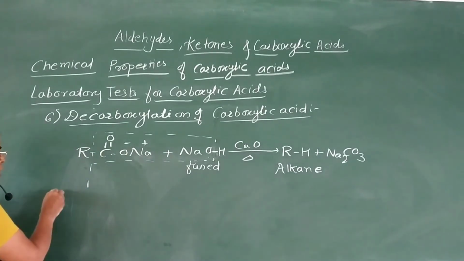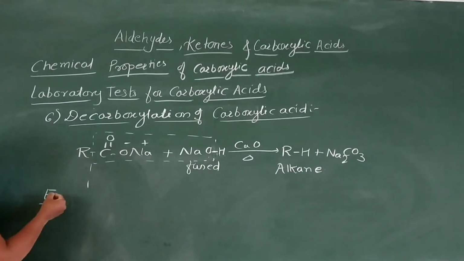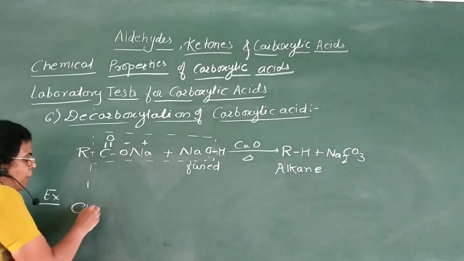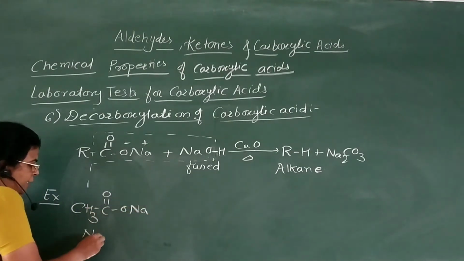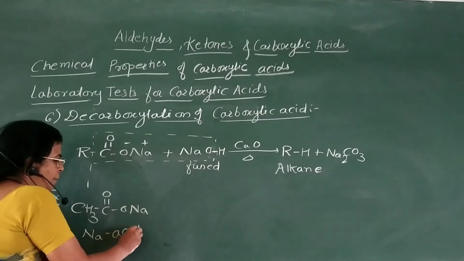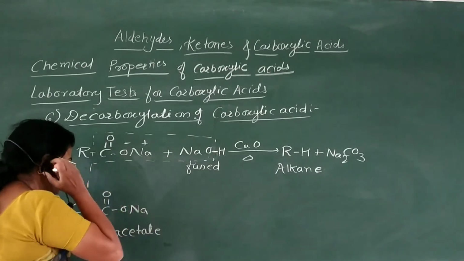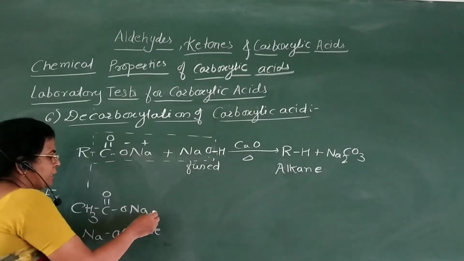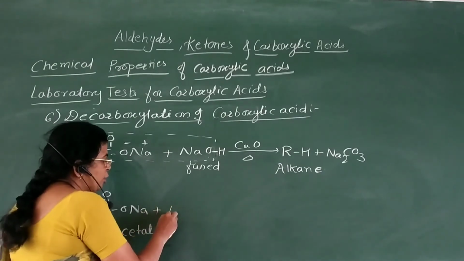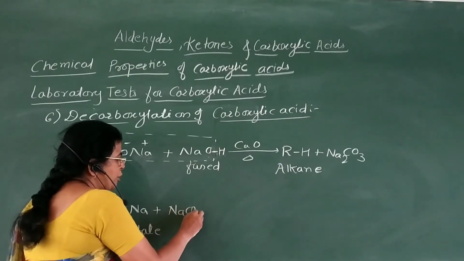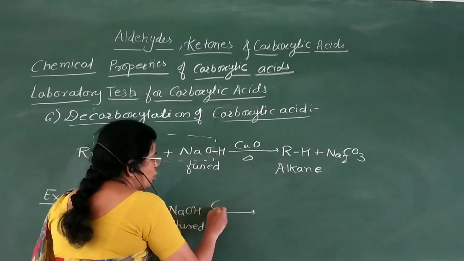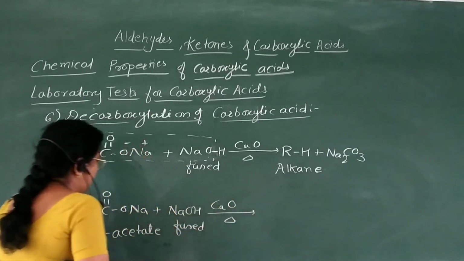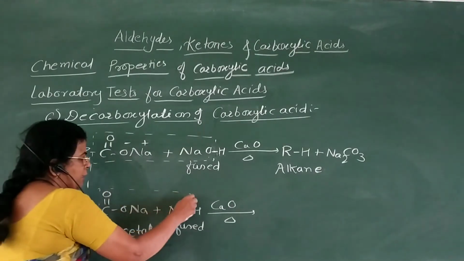Now we are going to see the example. CH3COONa. This is sodium acetate. And when this sodium acetate is treated with or heated with a mixture of NaOH and CaO. This is fused NaOH, that is soda lime. Then here same reaction takes place.